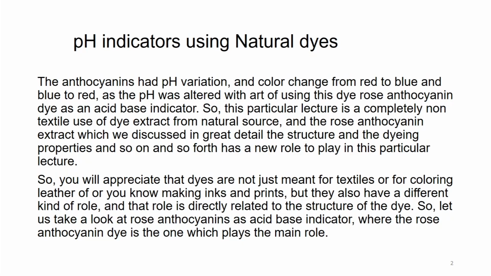So, let us take a look at rose anthocyanins as acid base indicator, where the rose anthocyanin is the one which plays the main role. Now, rose may have many other colorants, but the predominant color is anthocyanin, and it is this anthocyanin which is affected by the change in pH. So, that is what we will learn in today's lecture.